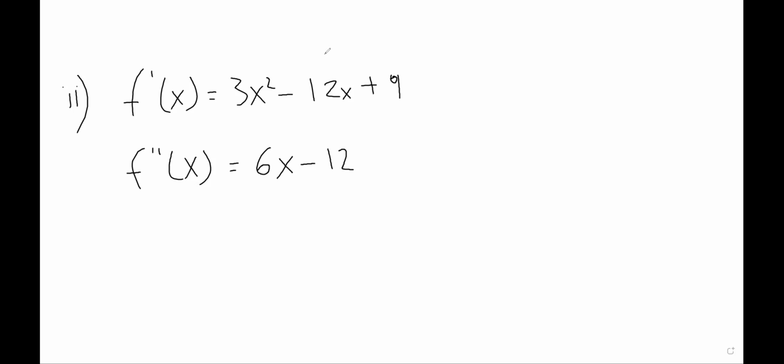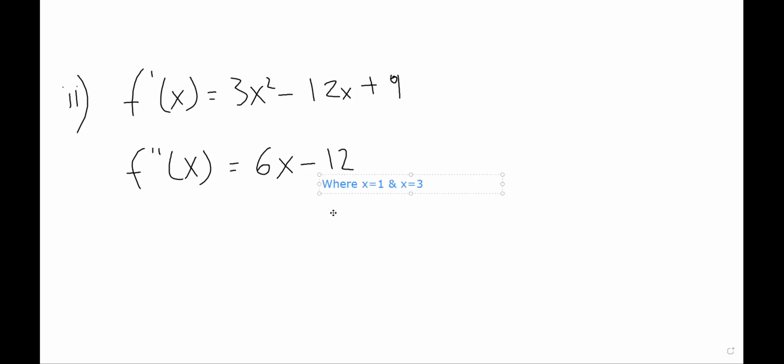So where x is equal to 1 and x is equal to 3.